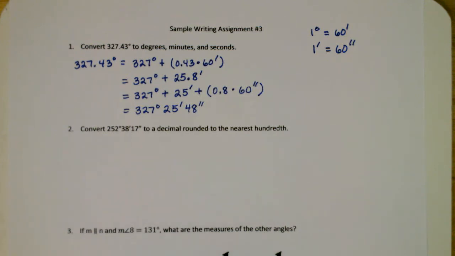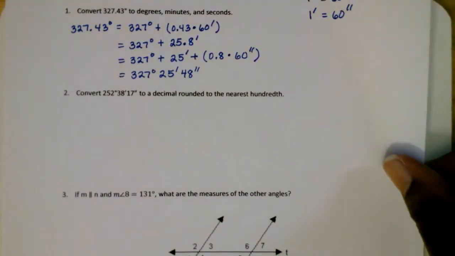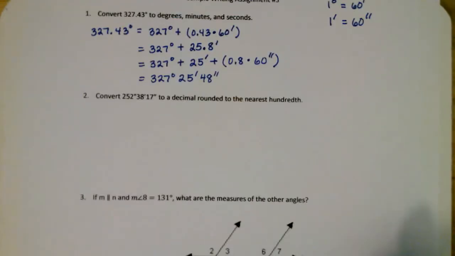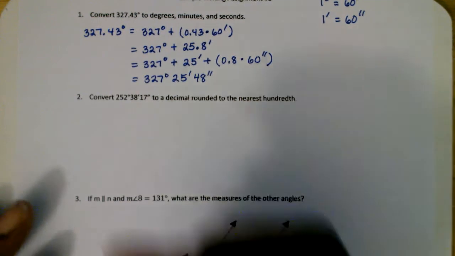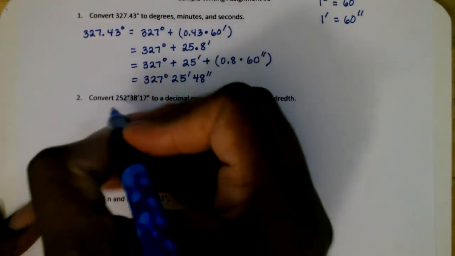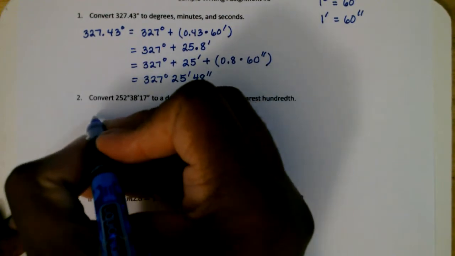Now, problem number 2 is this. Let's say I have 252 degrees, 38 minutes, 17 seconds. And I want to convert that to a decimal in degrees, rounded to the nearest hundredth. In other words, I want to round it to 2 decimal places. So in this case here, I will start with this.